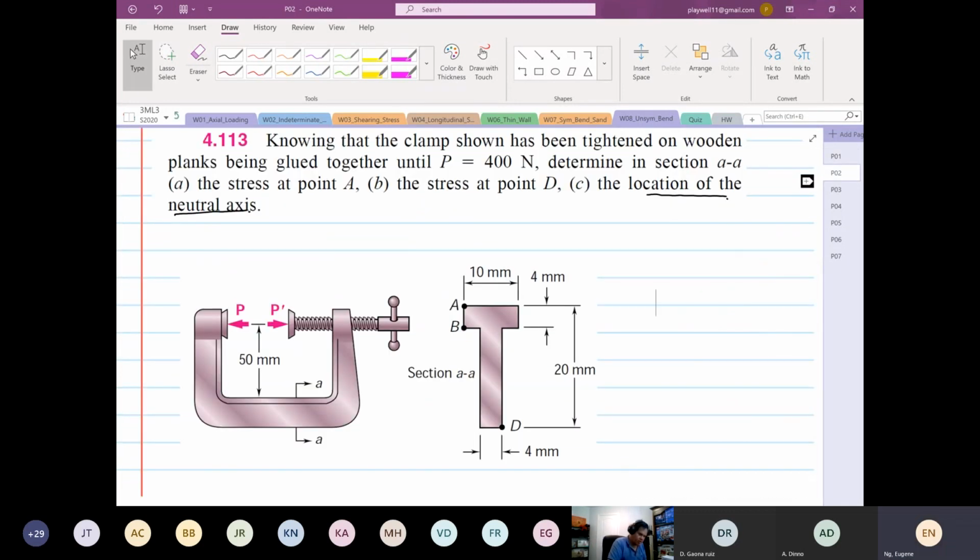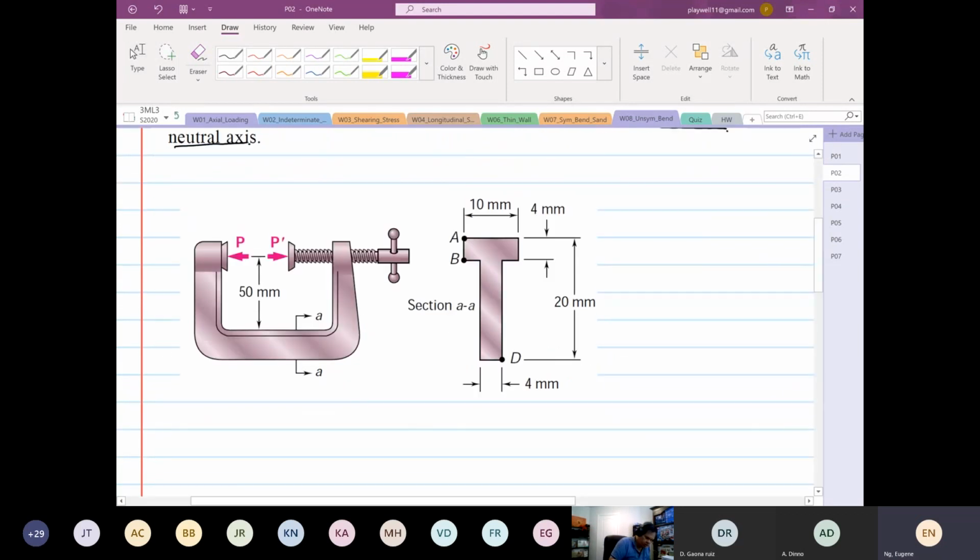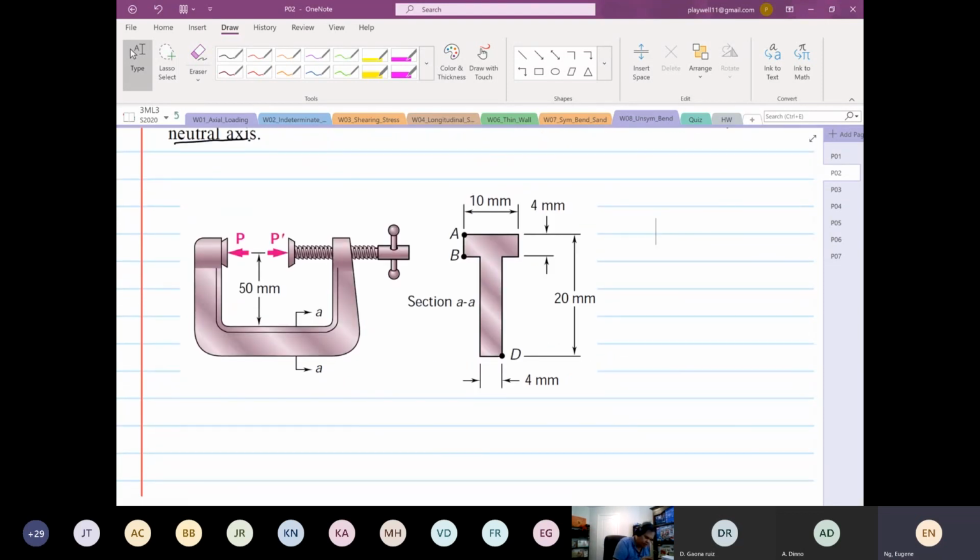Right, coming back to here now. We're going to find the stresses at A, point D, and the location of the neutral axis. So I want you to take note: what is important is choosing the position of the datum. For this case, the position of the datum is best taken from the top.